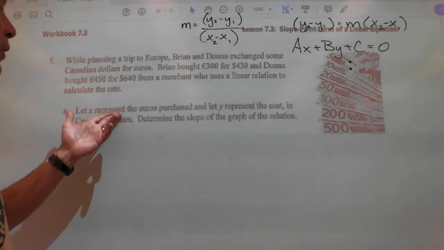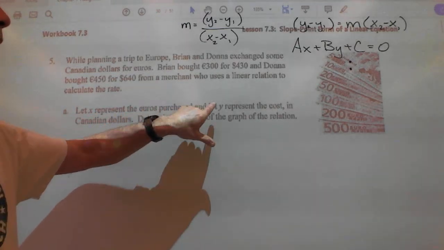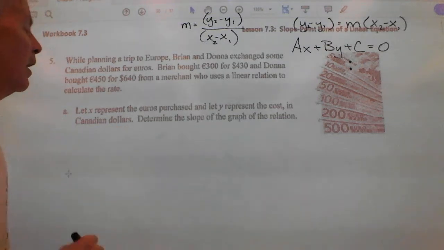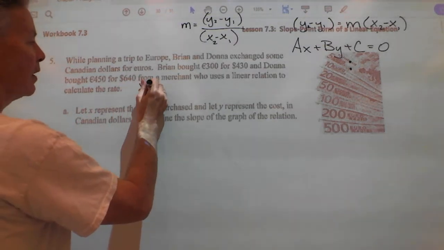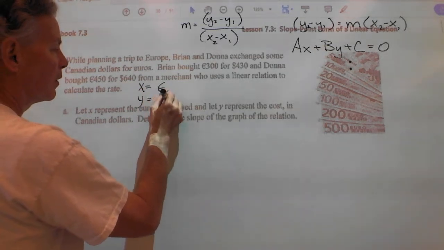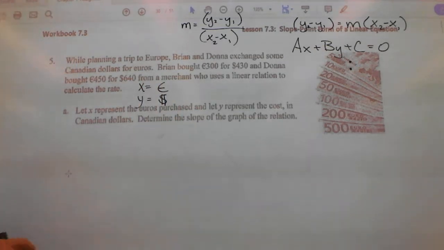Let x represent euros and y represent dollars. So x equals euros, y equals Canadian dollars. Determine the slope of the graph of the relation.